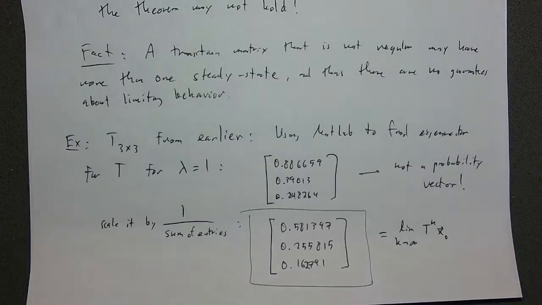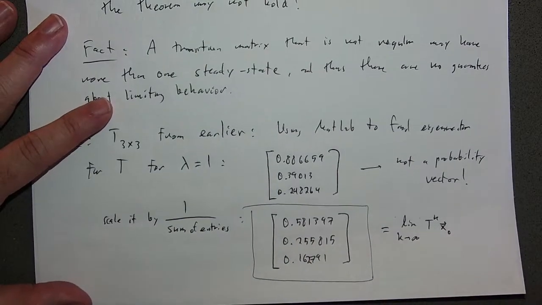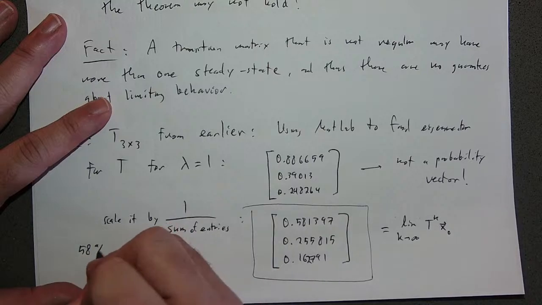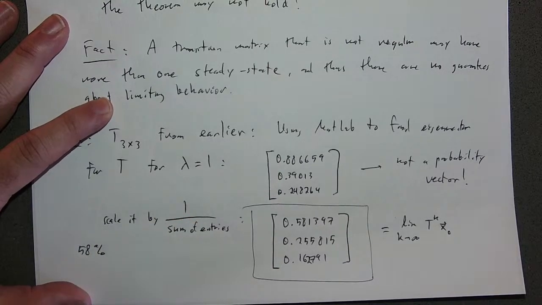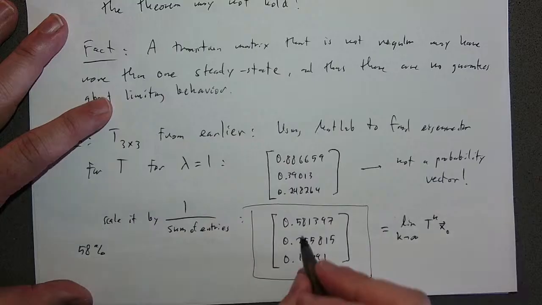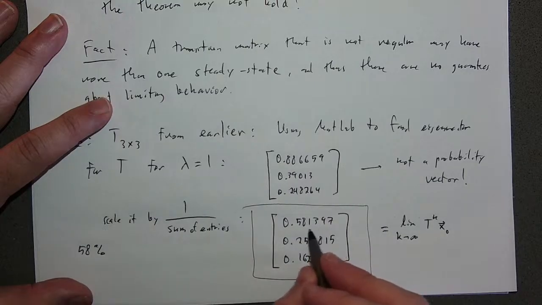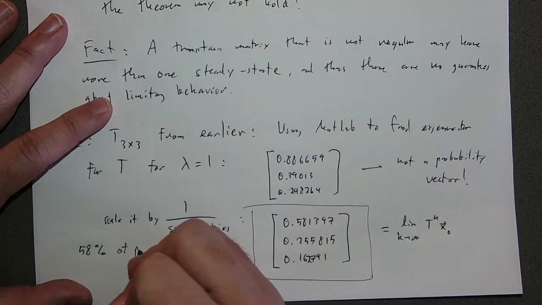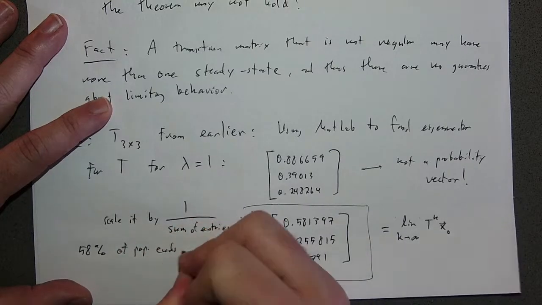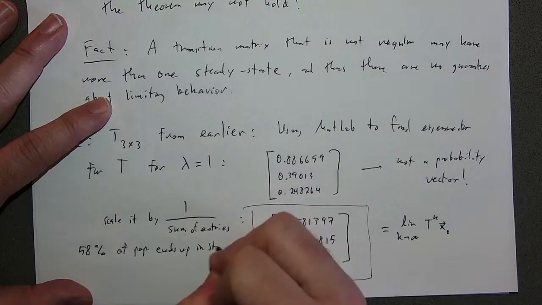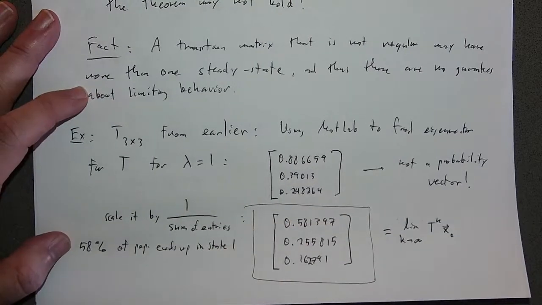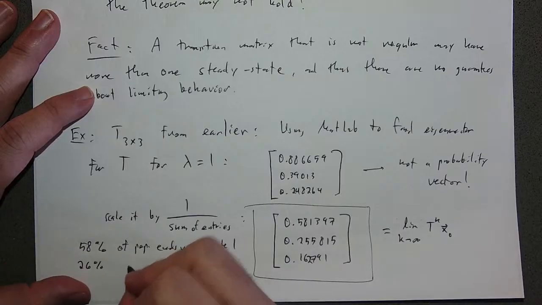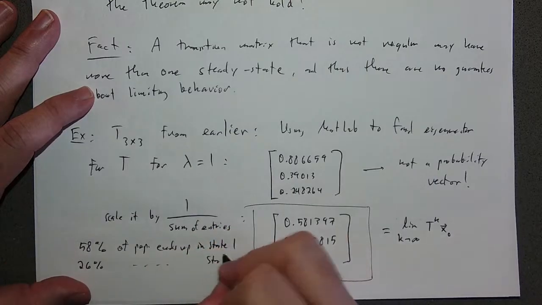And the answer is just reading directly off this vector. This means that 58% of the population will end up in state 1, and you could be more accurate here and say 58.1397. 26% of the population ends up in state 2.